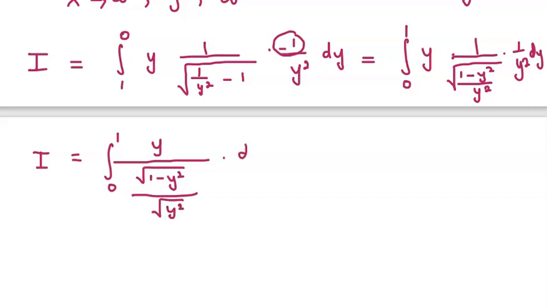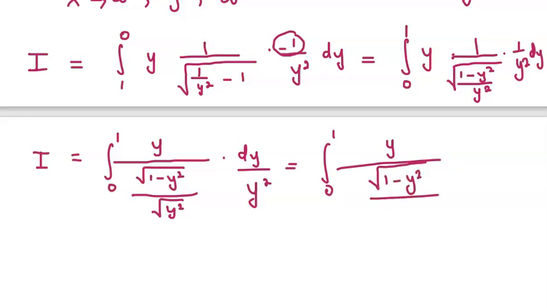Then we have multiplied by dy over y squared. So this is equal to the integral from 0 to 1 of y all over the square root of 1 minus y squared, then divided by y from here, multiplied by dy over y squared.